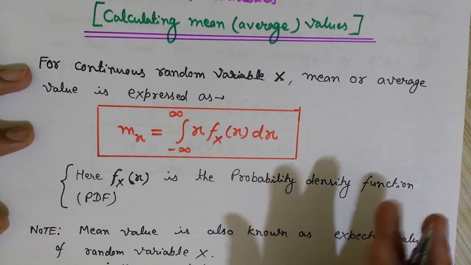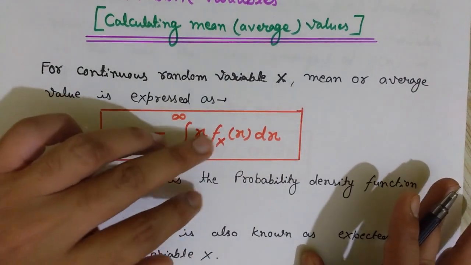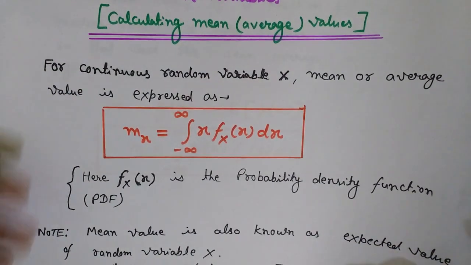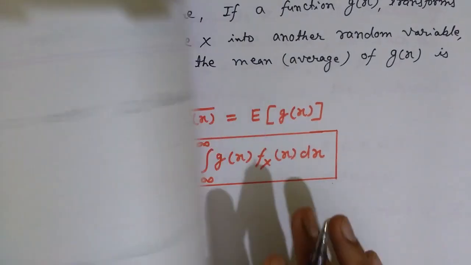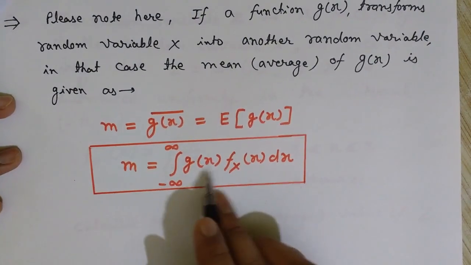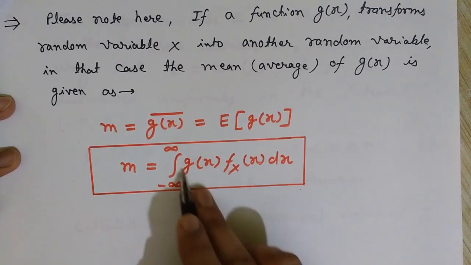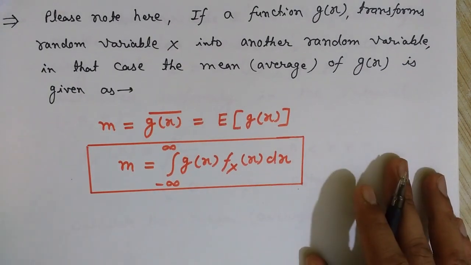But it was easier, so I did not provide you the example for this simple problem. Instead, I provided you the example for this problem, where in the place of x we used g of x. So you know how to use this.